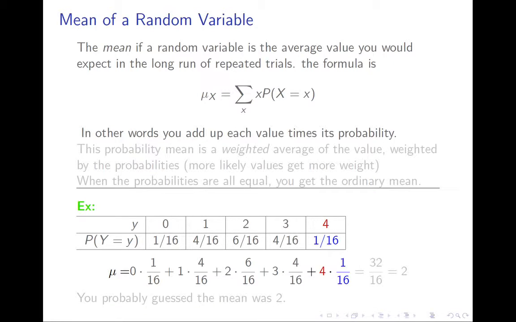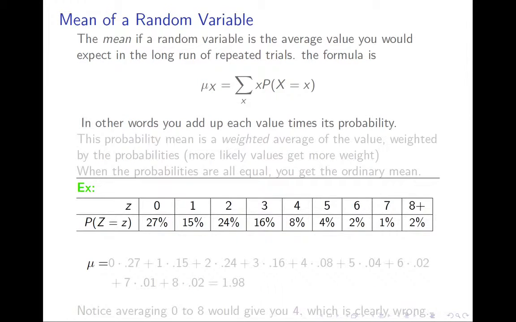When we add that all up, we get 32/16 or 2. So the mean, the average number of heads that you expect when you flip 4 coins, is 2. That's not very surprising, and maybe looks a little like making a big deal out of nothing.